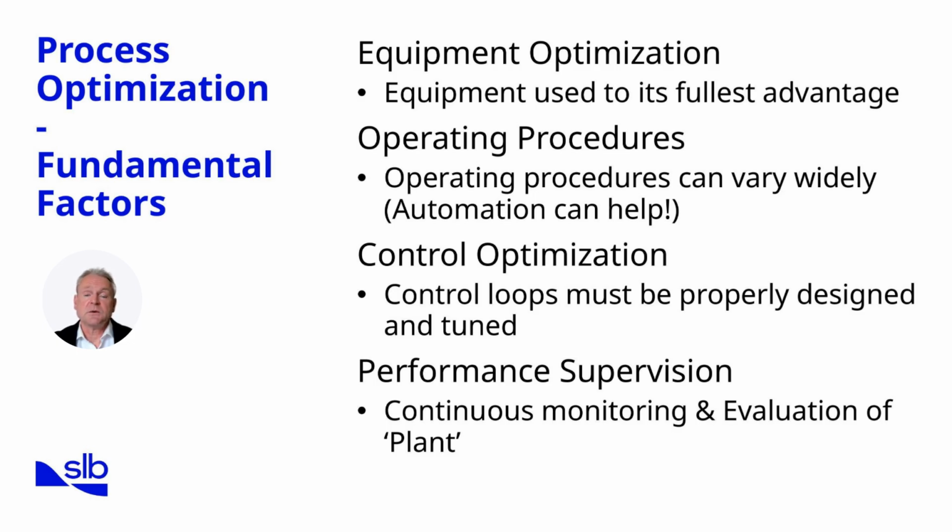Next is control optimization. In a typical processing plant, such as a chemical plant or oil refinery, there are hundreds or even thousands of control loops. Each control loop is responsible for controlling one part of the process, such as maintaining a temperature, level, or flow. If the control loop is not properly designed and tuned, the process runs below its optimum.